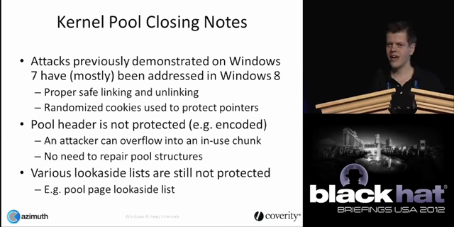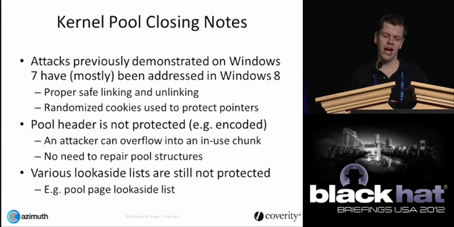So all the attacks that were demonstrated on Windows 7 have been pretty much addressed in Windows 8. You have the proper safe linking, proper safe unlinking. You have the randomized cookies to protect pointers. Still, the pool header is not protected. It's not encoded, so you can still overflow into chunks and totally bypass checks.